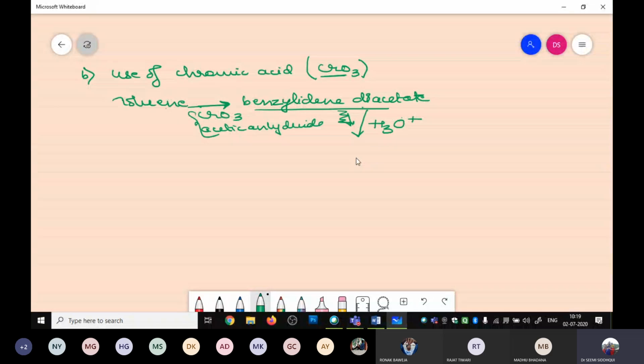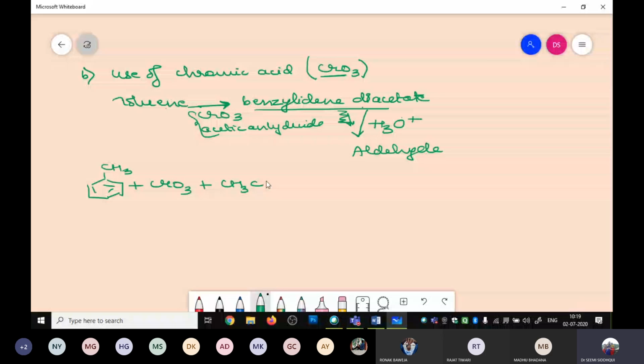When it undergoes a hydrolysis, it gives you the corresponding aldehyde. So let's look at the reaction over here. We have taken a toluene. This toluene is being treated with the acid. We have added the acetic anhydride and the temperature condition which we require is 273 to 283 Kelvin.